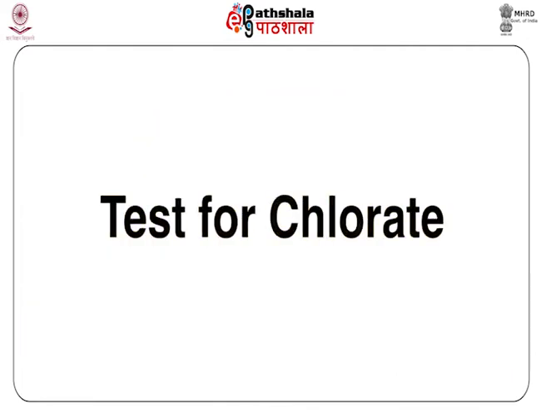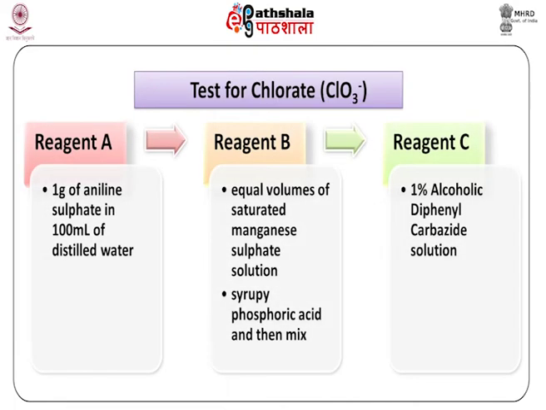Test for chlorate. To confirm the presence of chlorate in the given sample, we will have to prepare the following three reagents. Reagent A is prepared by dissolving 1 gram of aniline sulfate in 100 milliliters of distilled water.